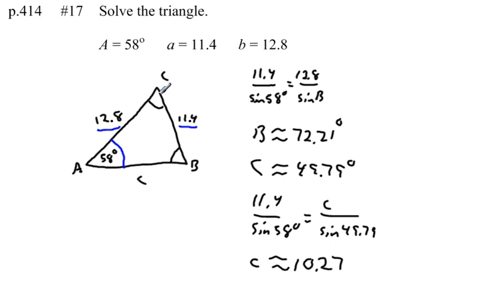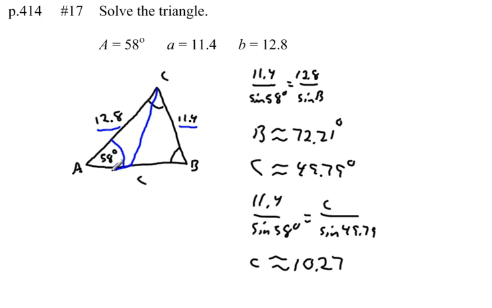For example, if I took this side here, 11.4, could I possibly draw it this way? I haven't changed this angle, 58 degrees. I haven't changed this side, and I drew this side the same exact distance, 11.4. So yes, it is possible to redraw this triangle and get a new triangle.